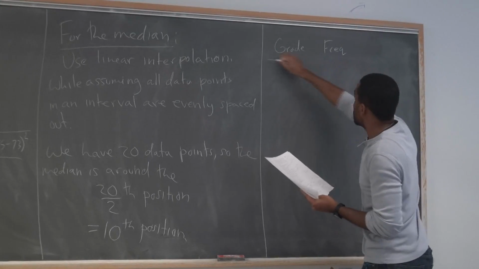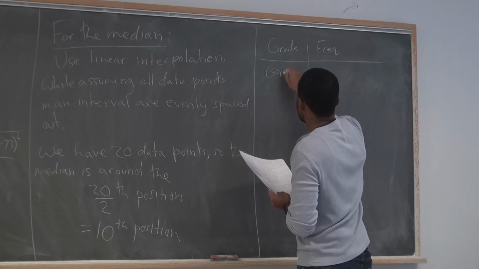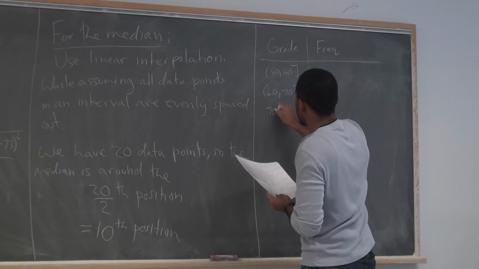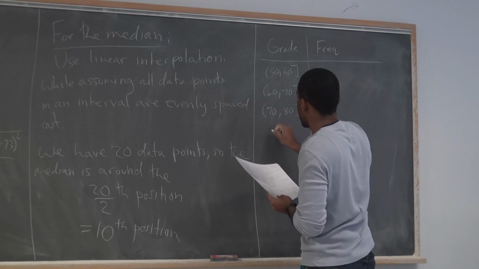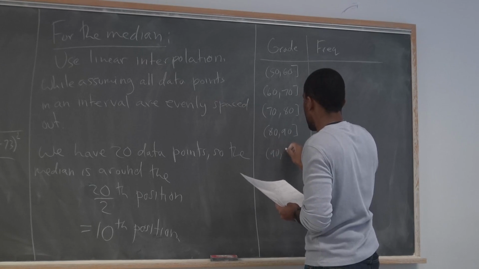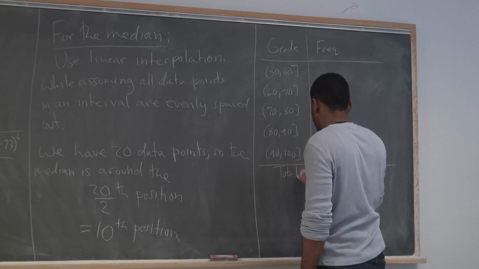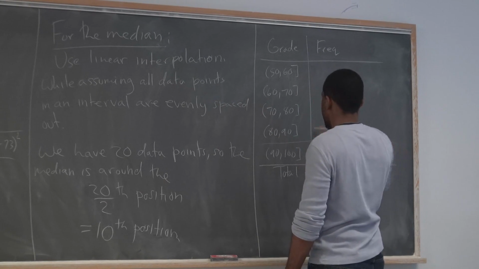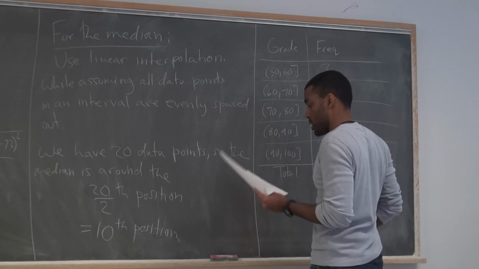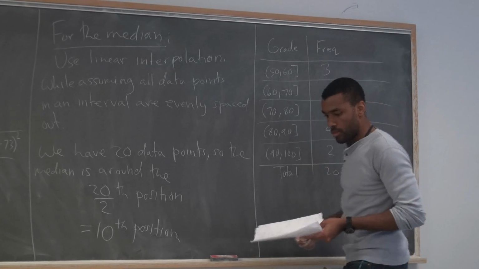Relative frequency is actually not important for us here, but grade and frequency, so I have 50 to 60, 60 to 70, 70 to 80, 80 to 90, 90 to 100. So we have 3, we have 6, we have 5, we have 4, we have 2. Okay.